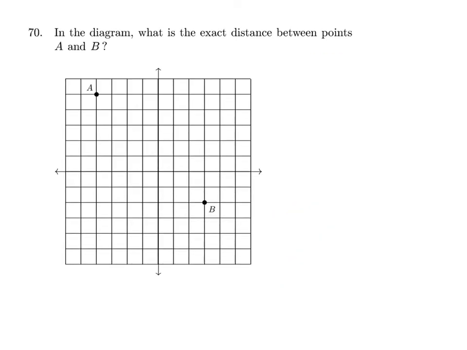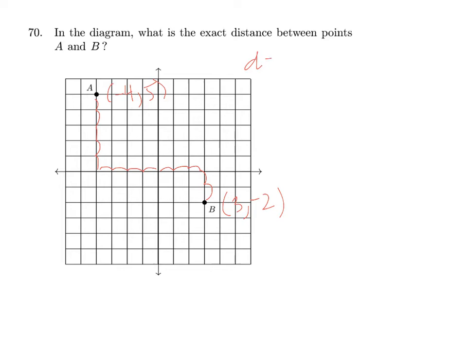Alright, so if we look at this problem here, the first thing I have to do is find the coordinates of each point. So I go back 4, and I go up 5. For B I go right 3, and I go down 2.